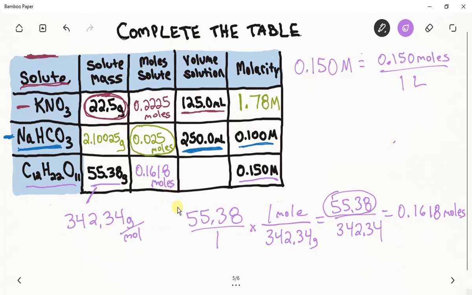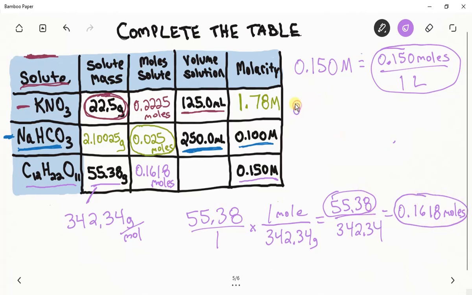Okay, so now it's really fun. Now we have to find out the volume of the solution. So if the molarity is 0.150 moles per liter, remember we found that out earlier, but we only have 0.1618 moles.